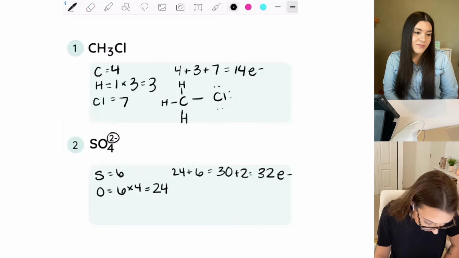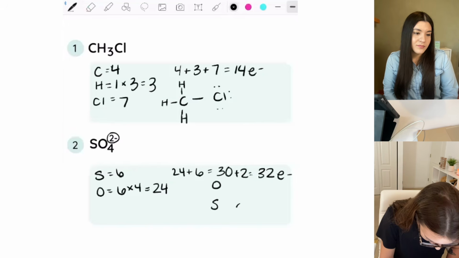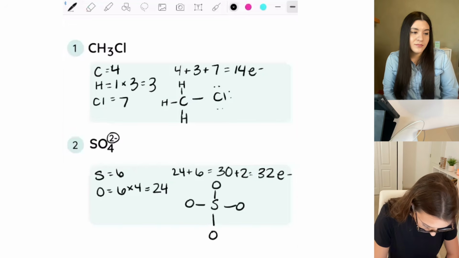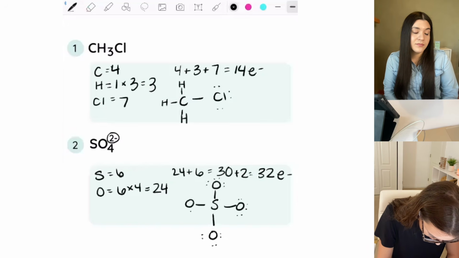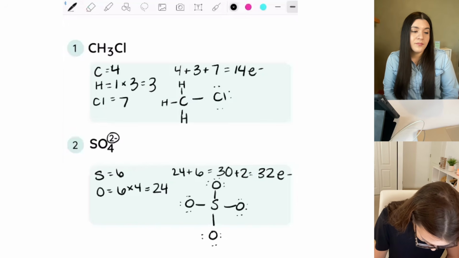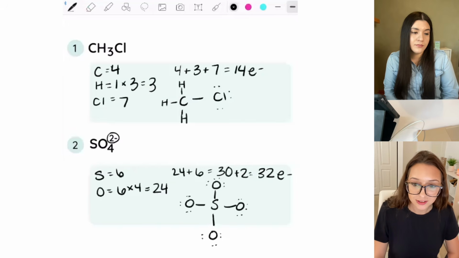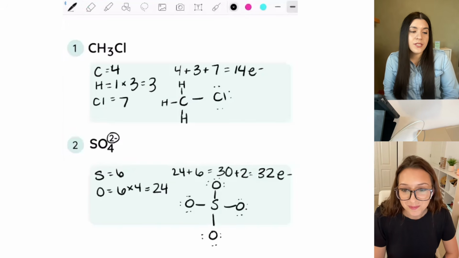Okay. So now we pick our central atom, which is going to be sulfur, and we put our oxygens around it. And then we do our bonds. And now we know that oxygen is going to have the lone pairs. And then what else would we do?